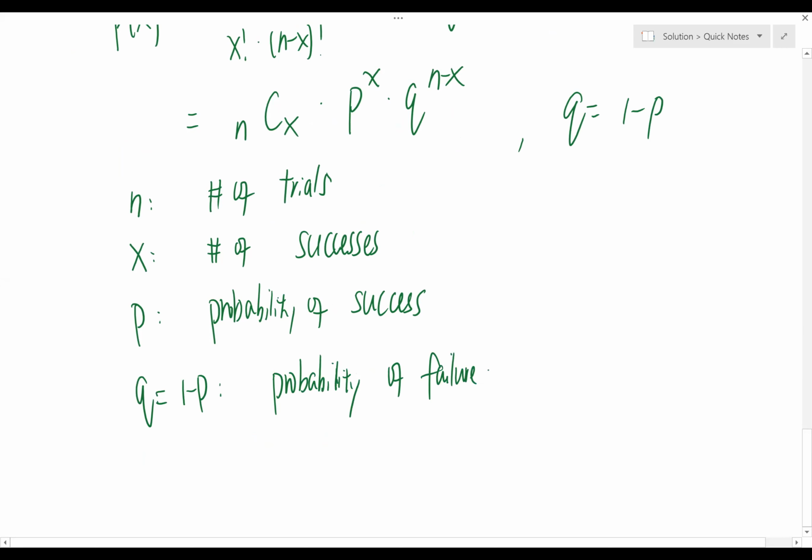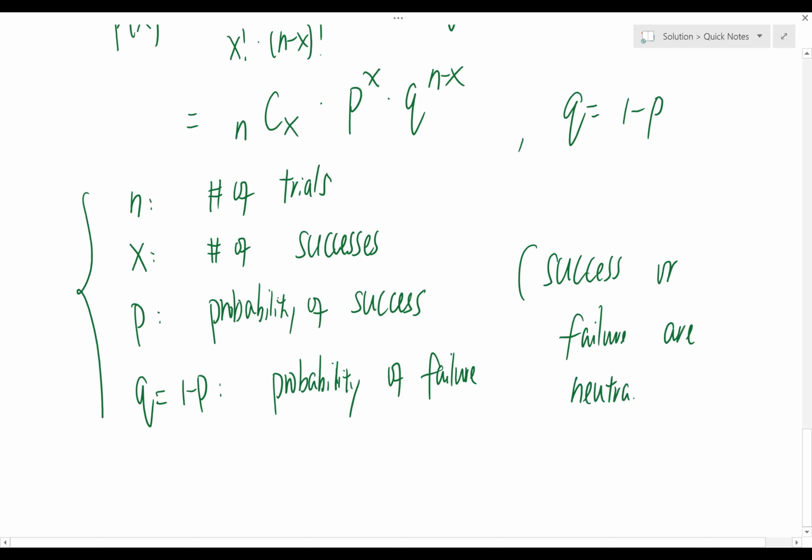And yeah, that's pretty much all we need. And here, success or failure are neutral terms. So they are neither good nor bad, right? It's just a relative term, it has no real content.